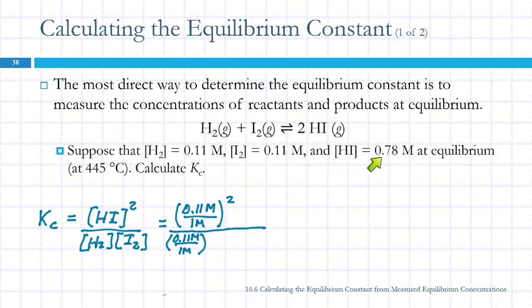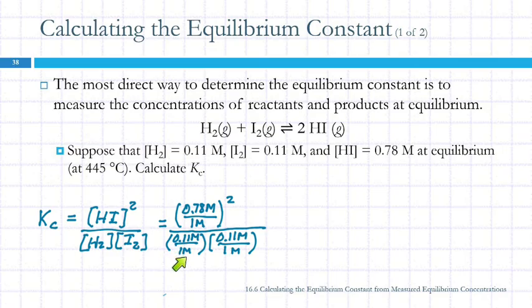This HI is 0.78. This is 0.78. And then the I2, both of these were 0.11 molar. This is what we are really doing.